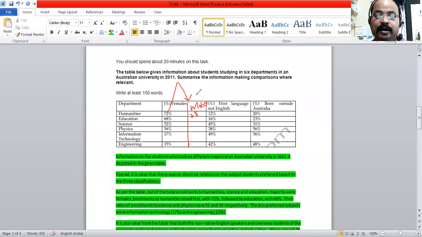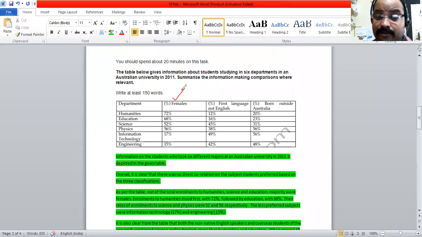I don't have particular data there. So as long as there is no data regarding gender, please do not assume that the rest, or 85 percent of engineering students, were males. Don't do that.